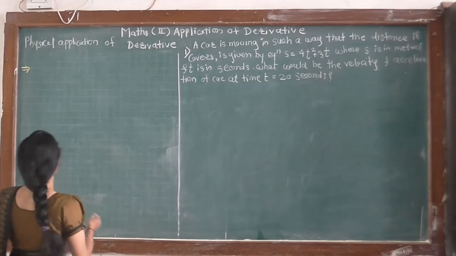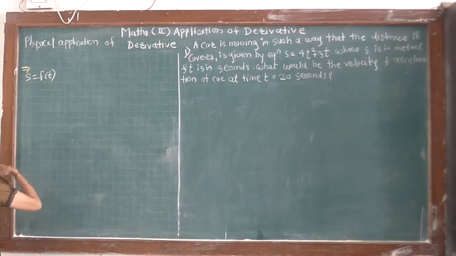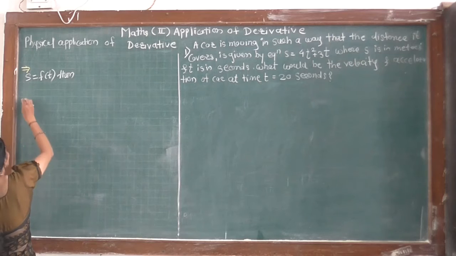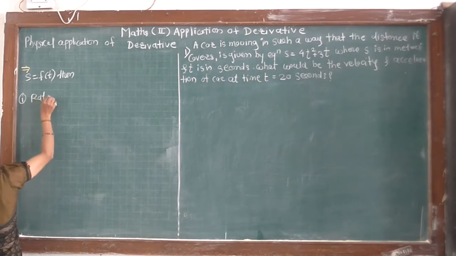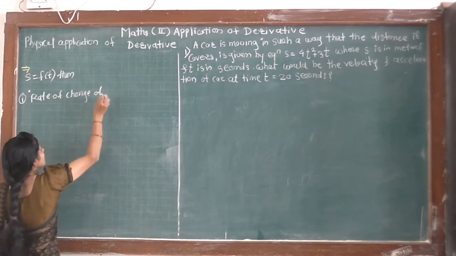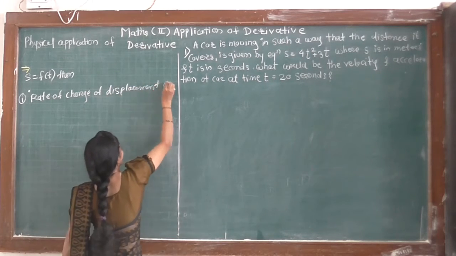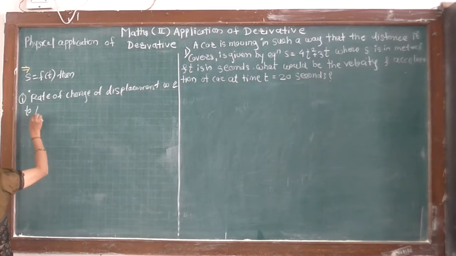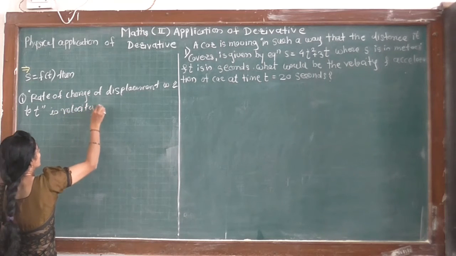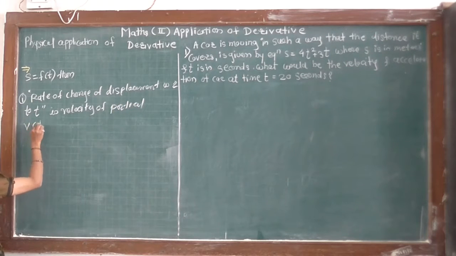So let me start. If s is a function of time t, then the first point: the rate of change of displacement with respect to t is the velocity of the particle, and it is denoted by v of t.